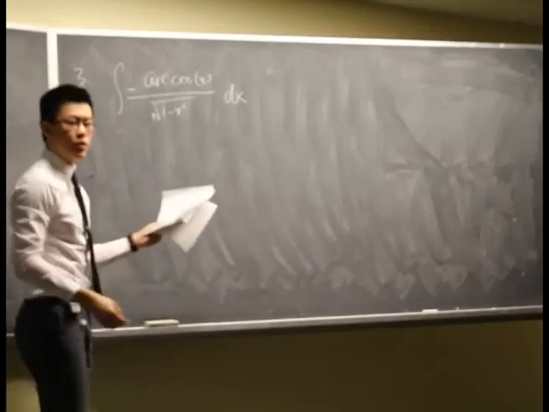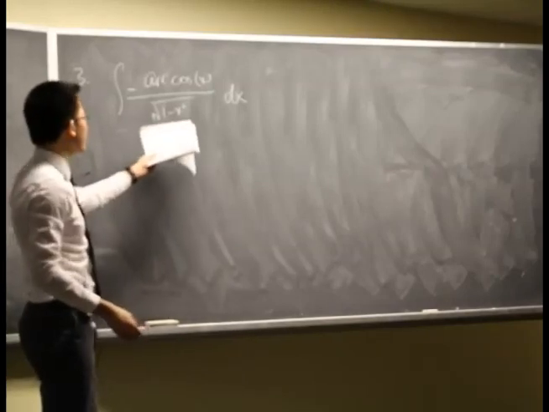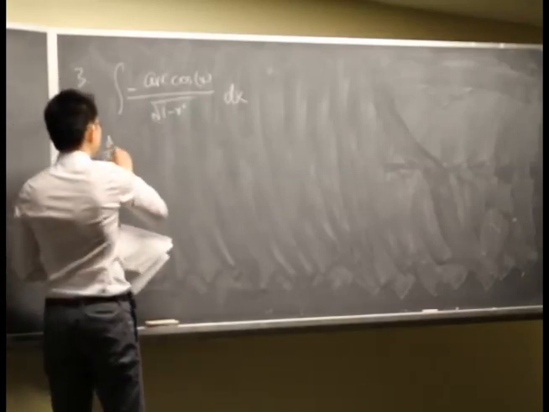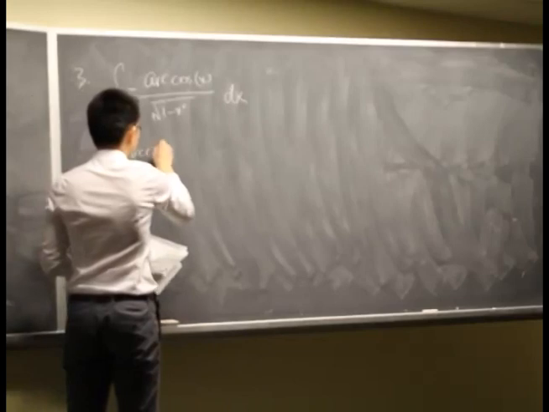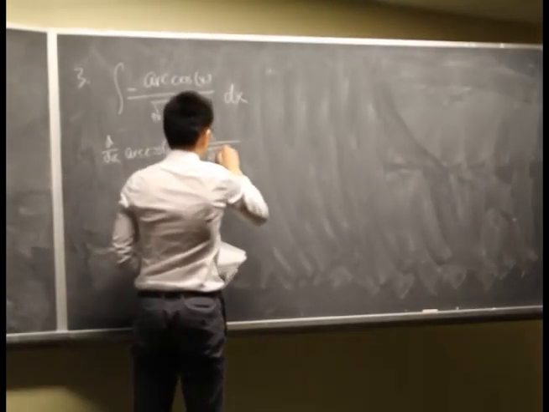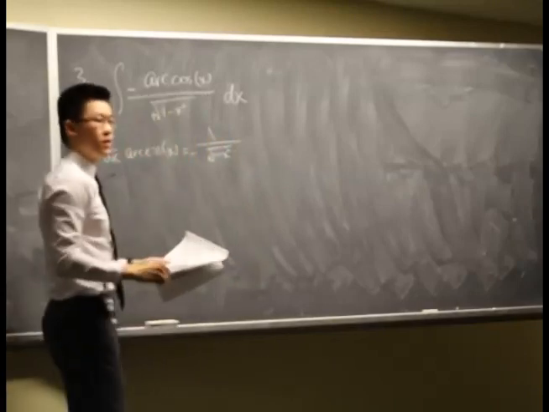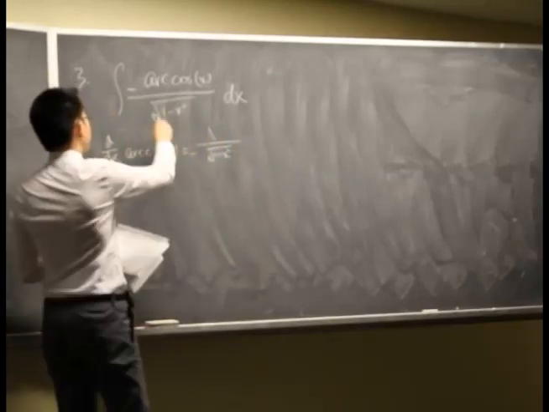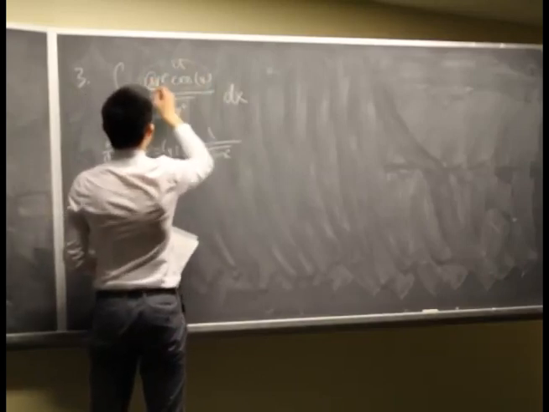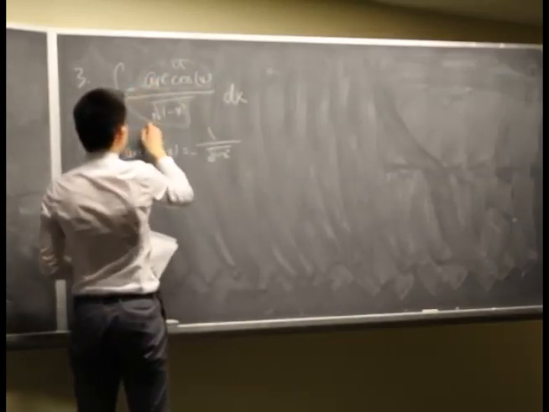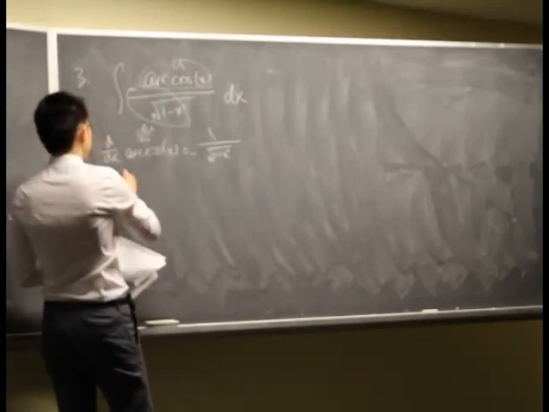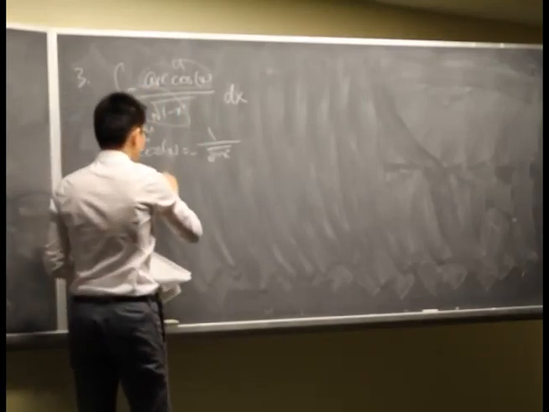Upon first look, we don't really know what to do with this kind of integration. But as long as you realize that d over dx of arc cos x is equivalent to negative 1 over square root of 1 minus x squared, you'll immediately recognize this expression right here is u and this is du over dx. And this allows us to do the integration by substitution.